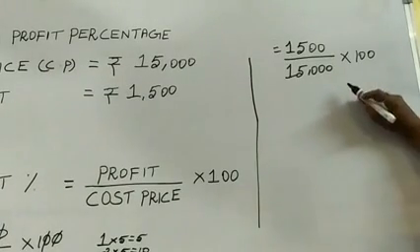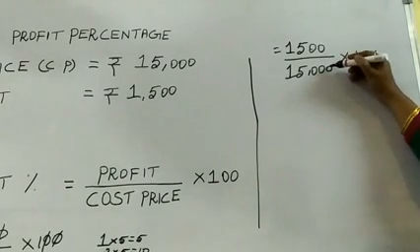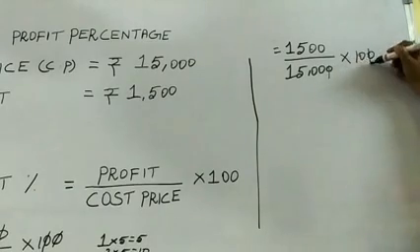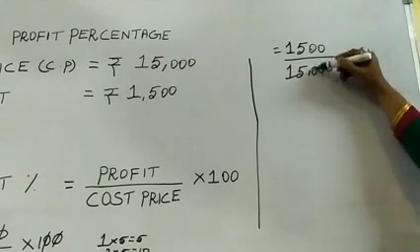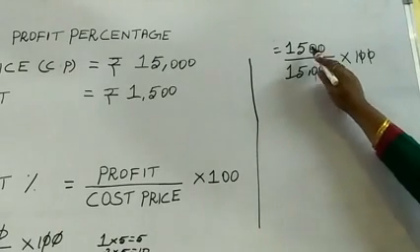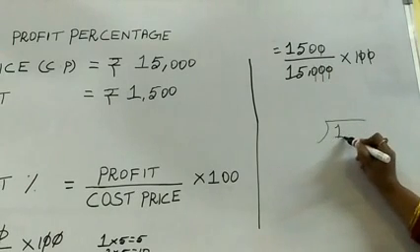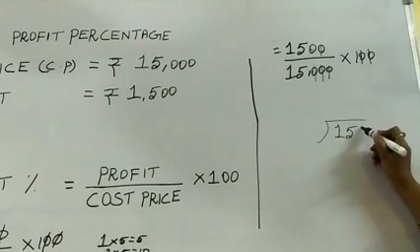Children, I have to solve this problem in another method, our usual method. You cut the 0. The 2 zeros I have to cut now. Then one more 0 you have, I cut it here. So now in the numerator, what do you have? 150.